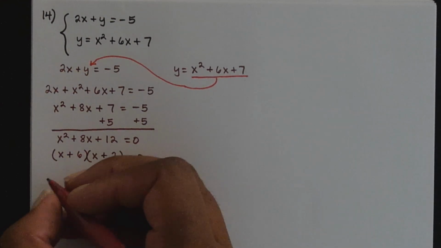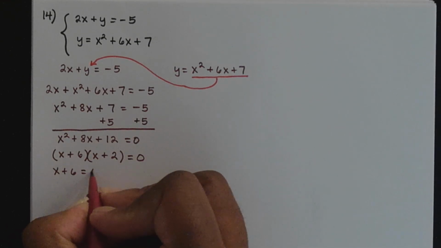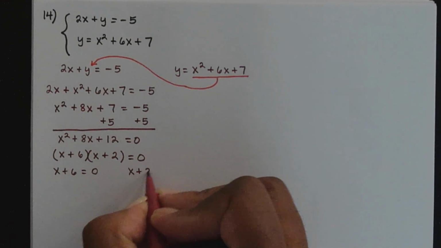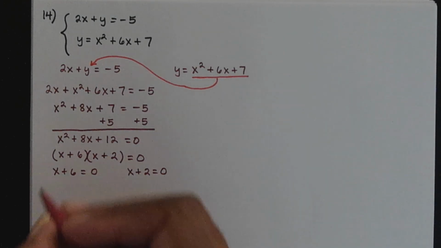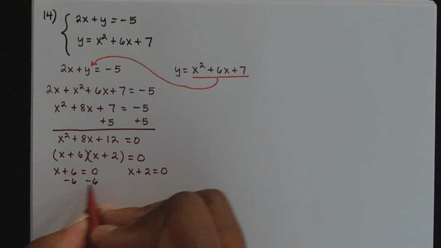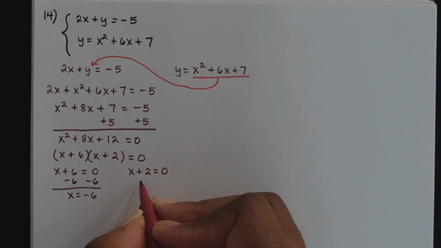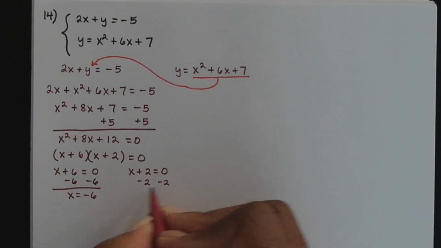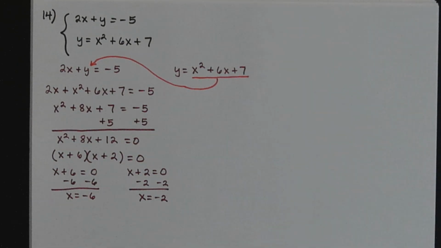Now we solve, well, set each binomial factor equal to 0. So I have x plus 6 equal to 0, x plus 2 equal to 0. Well, for x plus 6 equal to 0, if I subtract 6, you'll get x is equal to negative 6. And then for x plus 2 is equal to 0, we have x equal negative 2. So here x equal negative 6 and x equal negative 2, those are my two x values here.